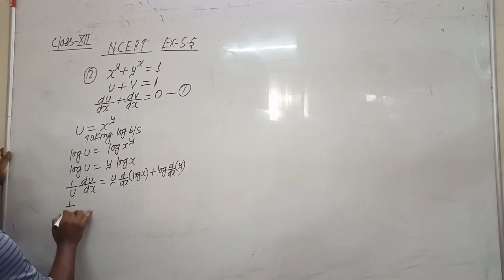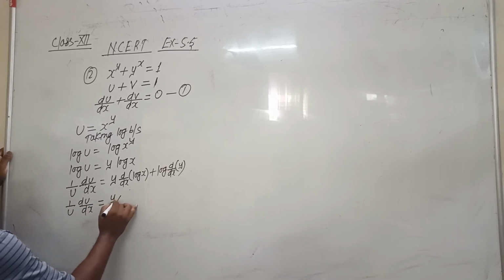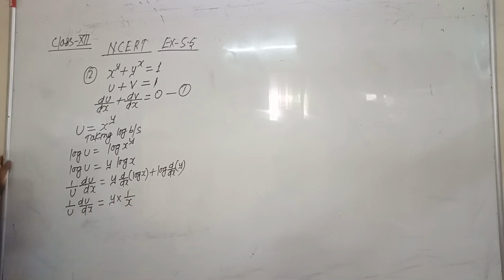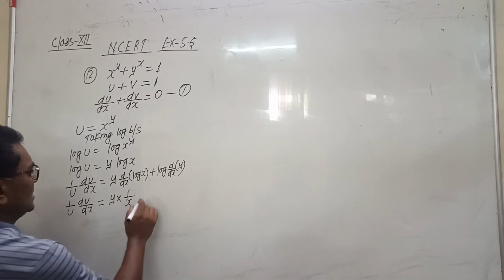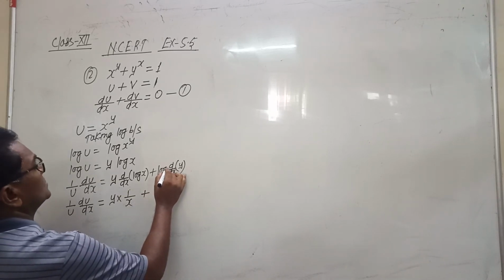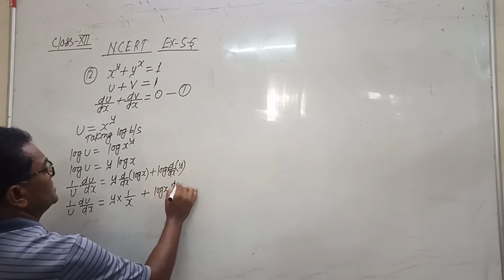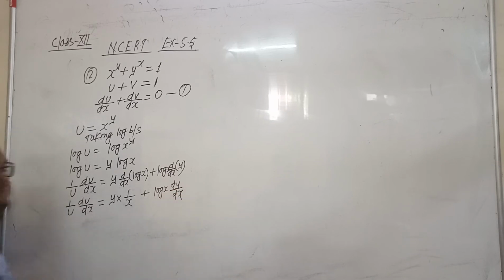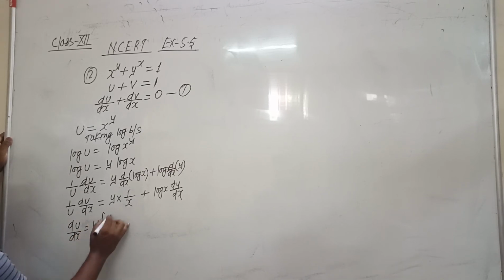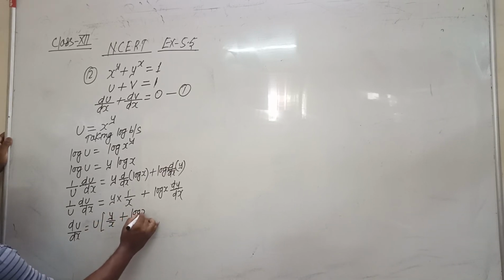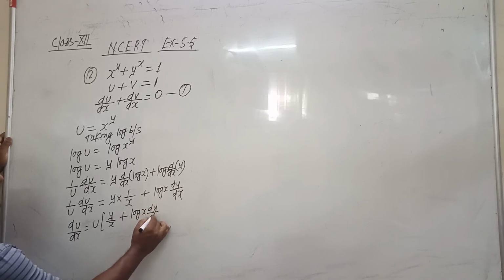So 1 by u du by dx equals y into differentiation of log x, which is 1 by x, plus log x, and d by dx of y means dy by dx. So we eliminate the value of du by dx: du by dx equals u into y by x plus log x into dy by dx.